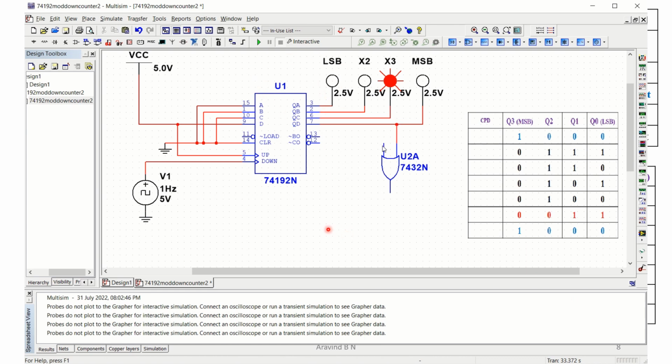Output of the OR gate must be connected to the parallel load operation. In this particular case, Q3 and Q2 are equal to 0 in this value. So those two bits are preferred, and they are connected through the OR gate to the parallel load operation. Now let us get into the Multisim procedure for this one.